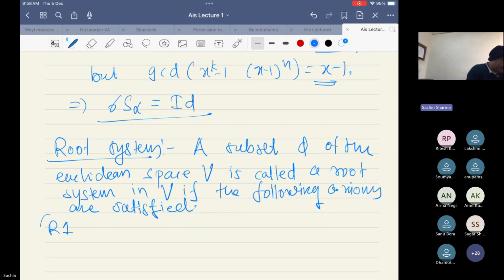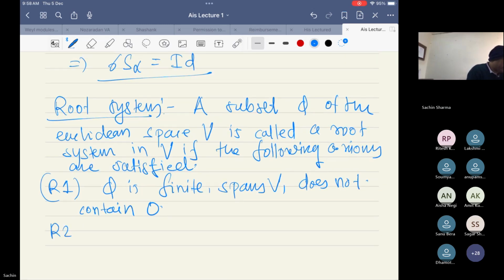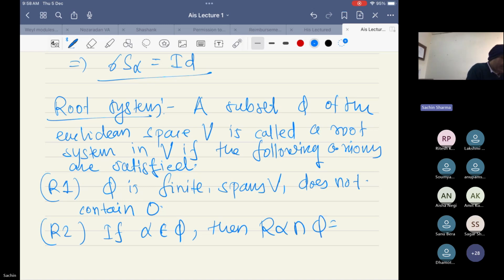First, phi is finite, spans V, and does not contain 0. Second, if alpha belongs to phi, then R alpha intersection phi is nothing but alpha and minus alpha. So the only multiples of alpha that are roots are alpha and minus alpha.